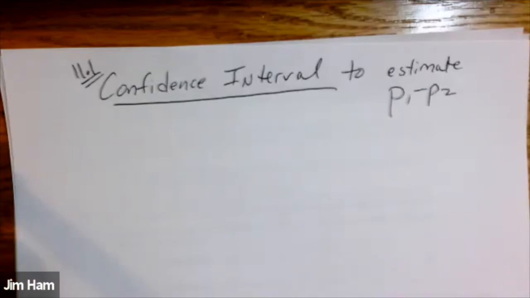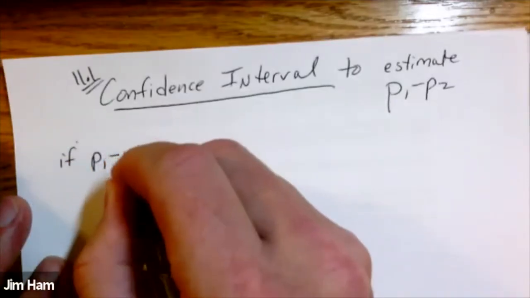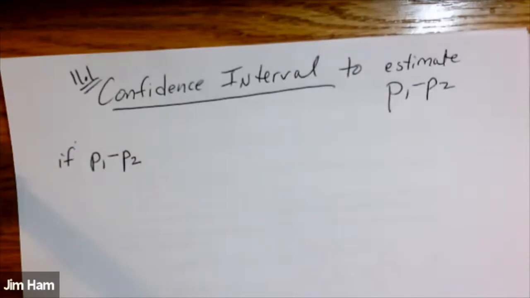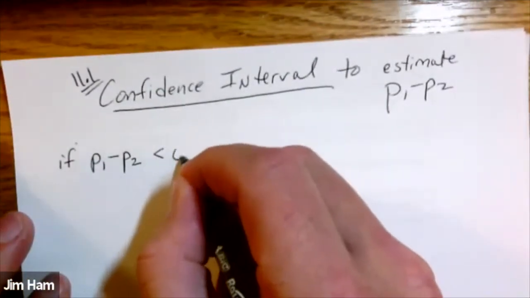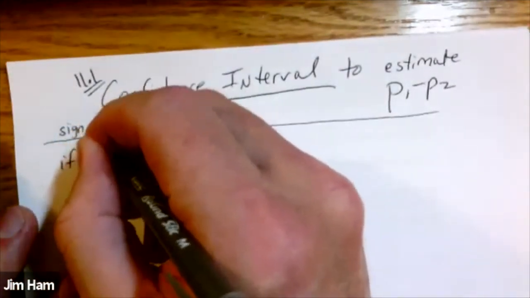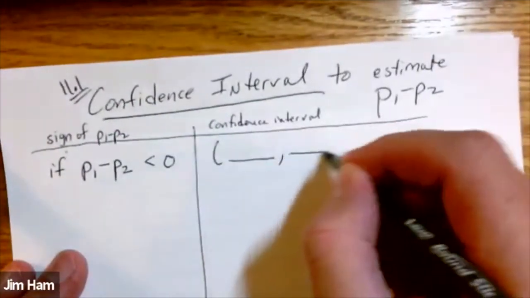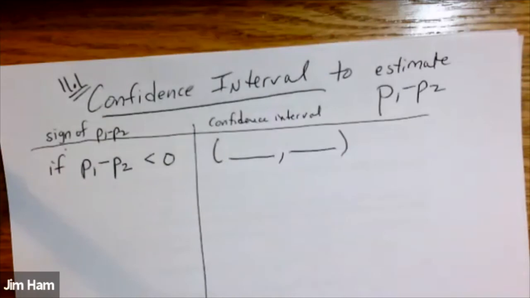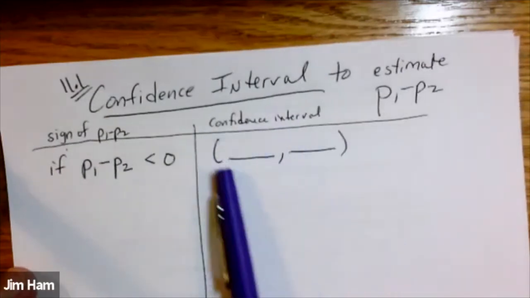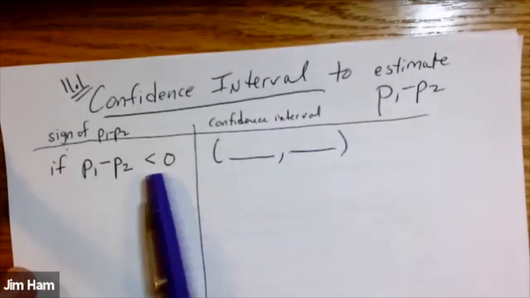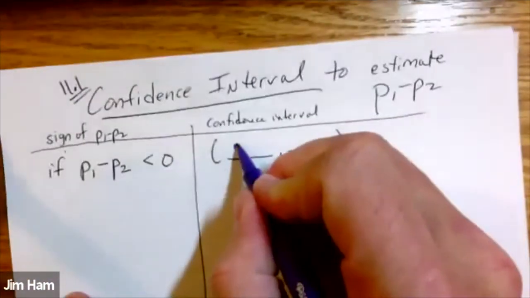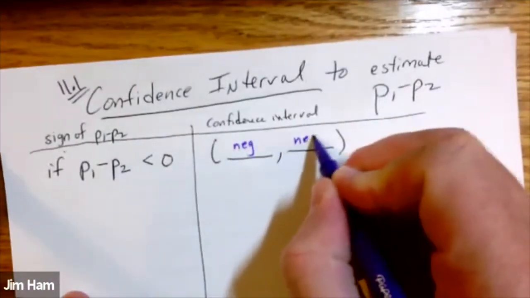Now, three things can happen. First, if P1 minus P2 is less than 0, so up here I'll say the sign of P1 minus P2. The confidence interval is an interval of numbers, right, like this. And if your entire interval here is negative, that means you have a negative here and a negative here.